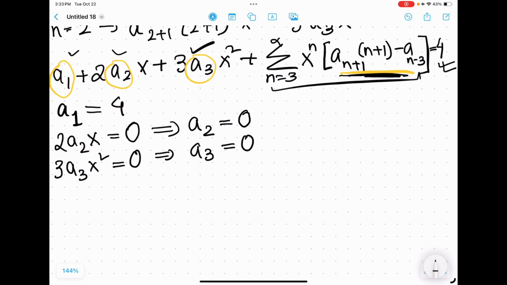And let's look at my right. Do I have any coefficients for x to the power 3 or x to the power 4 or x to the power 5 and so on? Obviously not, right? Just like for my a sub 2 and a sub 3, we do not have any coefficients for any of my n powers. So that means this entire thing is a 0.